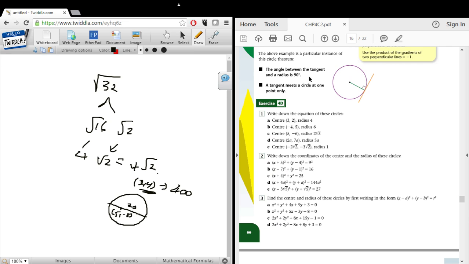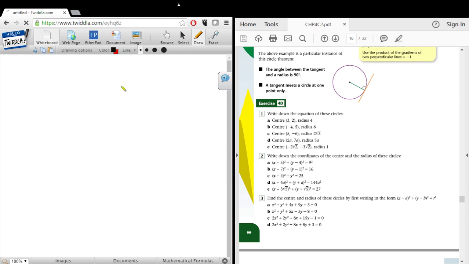The angle between the tangent and the radius is 90 degrees. So if we have a circle, so I'll draw a better circle. I hope that's an improvement. And then we have a line that is meant to touch, okay, please ignore this line here.